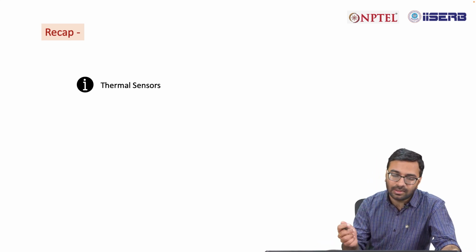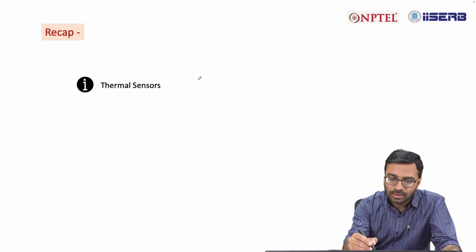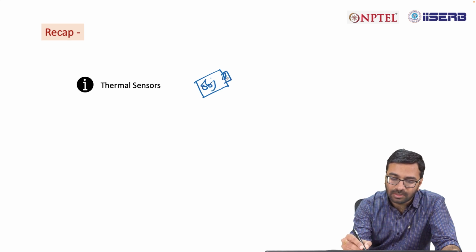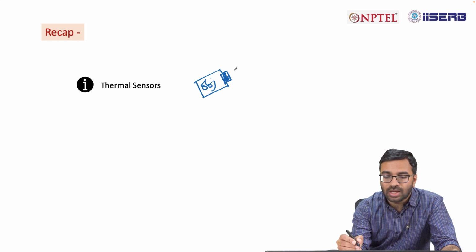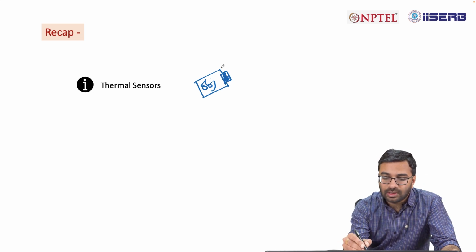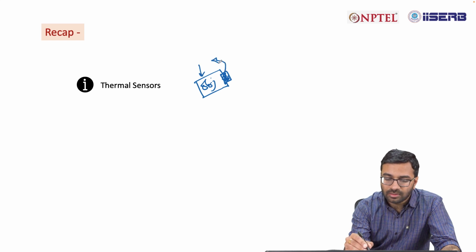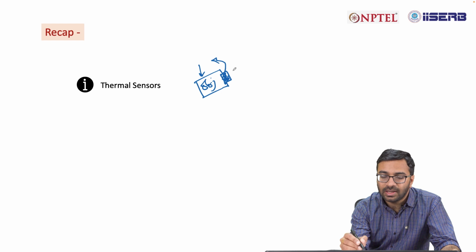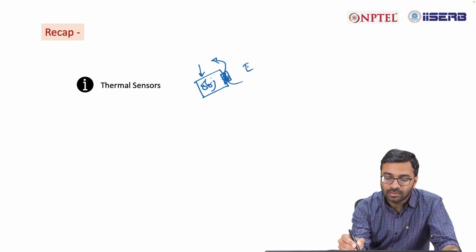And we have seen that, in a nutshell, if there is an object and a temperature sensor attached to that object, then the thermal coupling between the temperature sensor and the object should be very high, and the thermal coupling between the sensor and the environment should be low.